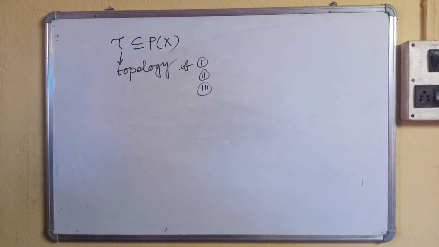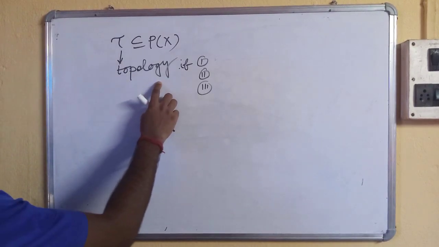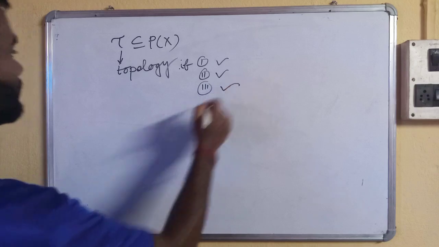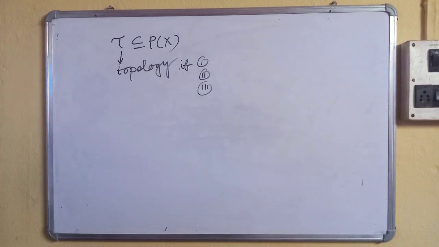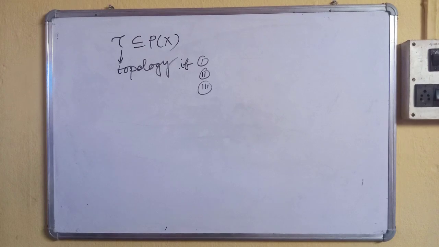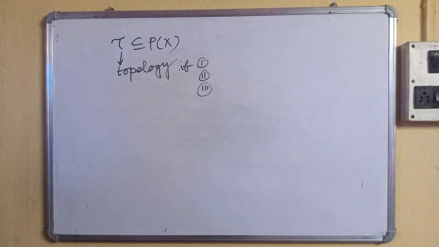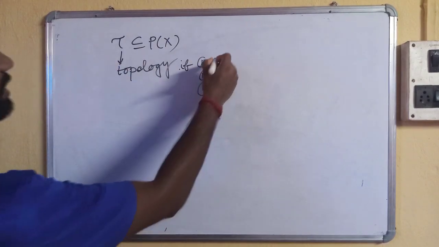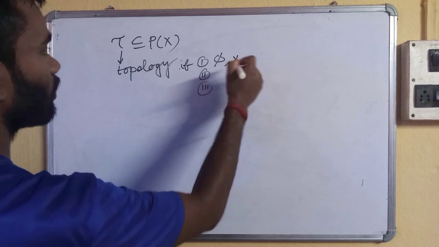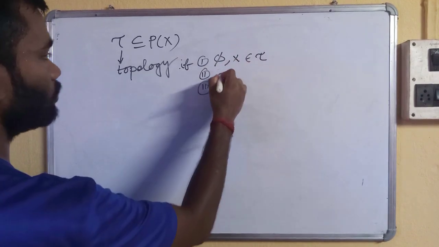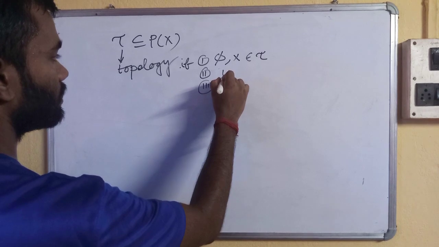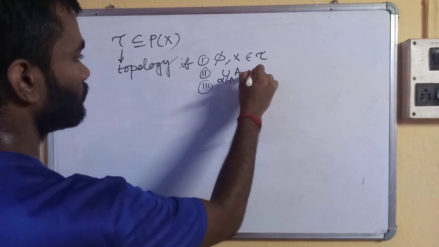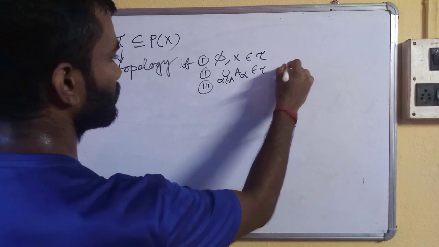Fine. Now see, if tau is a topology, then it satisfies three conditions, right? In my previous video, if you remember, I showed some properties of open sets. You can see the exact properties are these three conditions. Number 1, phi comma X is in tau. Number 2, the arbitrary union of any elements of tau is in tau.